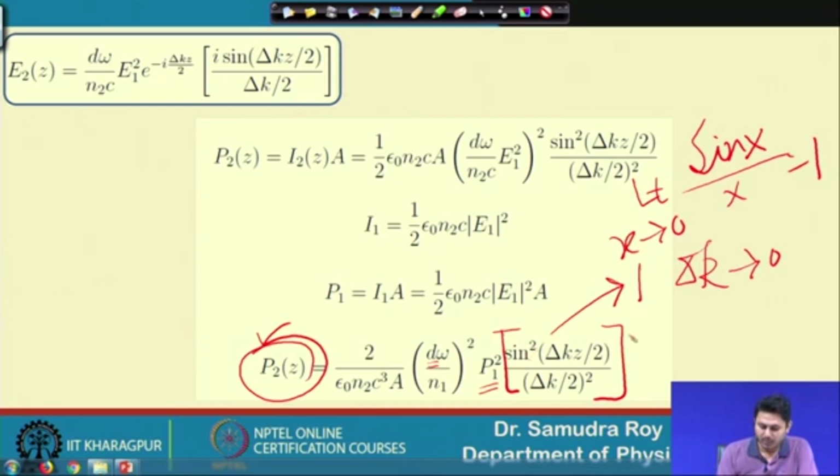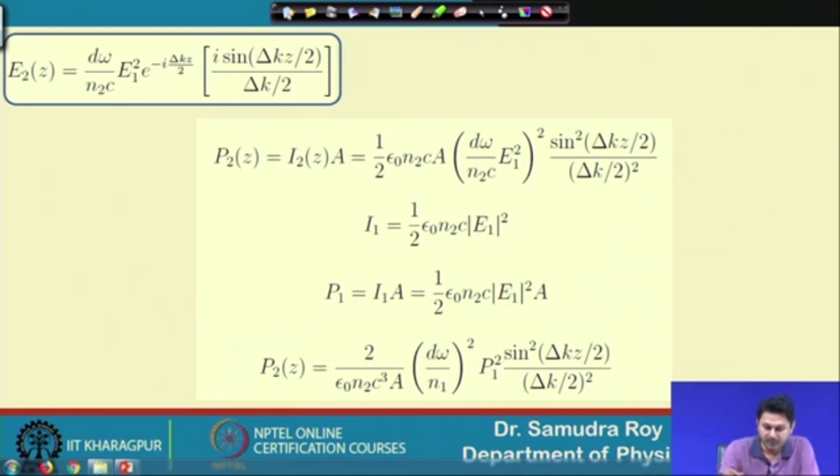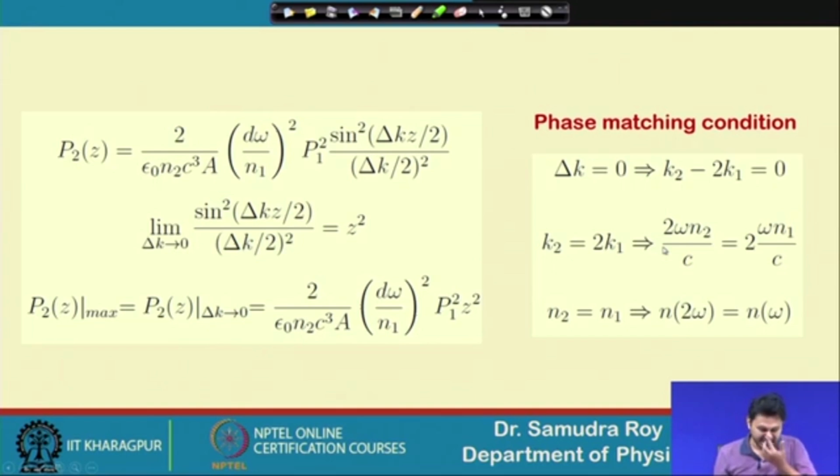So, in order to maximize the right hand side, one very important condition is that delta k has to be 0. This is basically called phase matching. In the next slide we will give you more information about phase matching. So, let us go to the next slide.